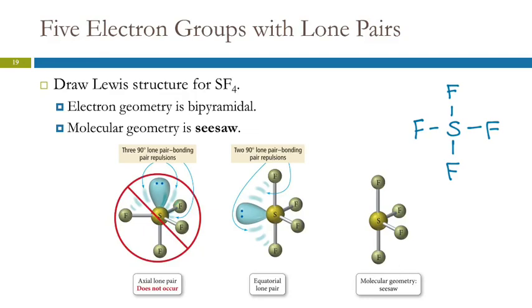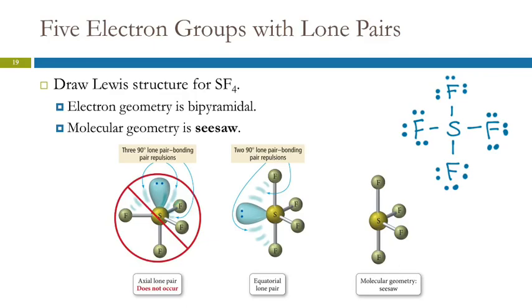And we've got 2, 4, 6, 8, 10, 12, 14, 16, 18, 20, 22, 24, 26, 28, 30, 32. I need 34. Where do I put the extra pair?